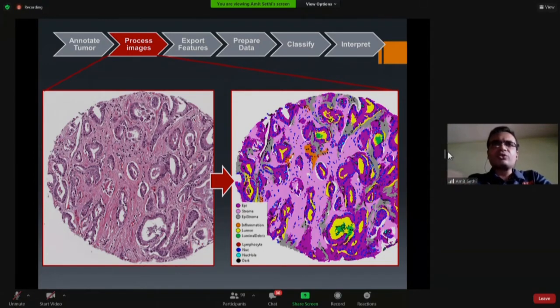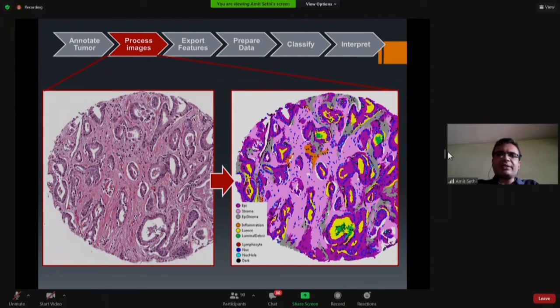Okay, so to mark all these regions, we used a software called Definiens Developer. That software itself is quite expensive. So this was done in 2014-15. After that, we have started building our own computer vision software to do this recognition of different parts of the tissue.